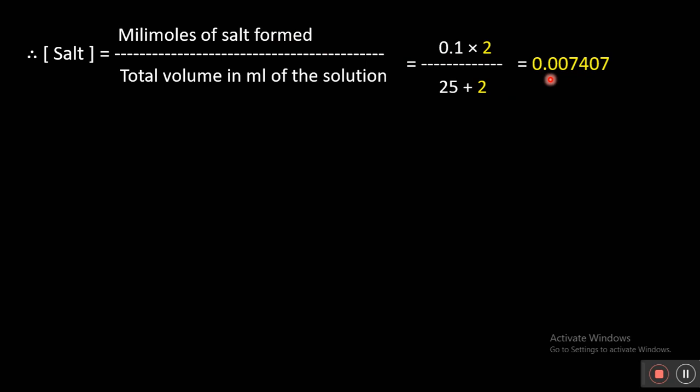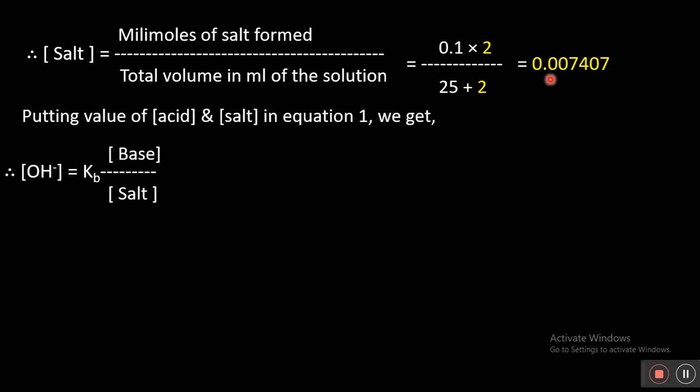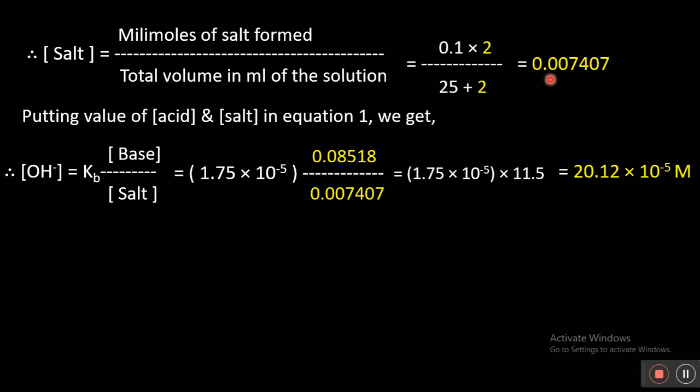Okay, so put this value of concentration of salt and concentration of base in the standard Henderson equation. OH minus equal to Kb into concentration of base upon salt. Okay, simply put the value of Kb, base and salt, then we get concentration of OH minus is equal to 20.12 into 10 raised to minus 5 molar.